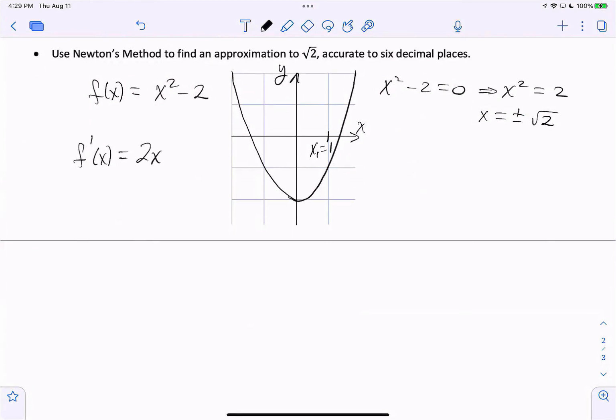And then I usually see it as a table. So x sub n, and let's remind ourselves of what x sub n is using the recursive formula. It is x sub n minus 1 minus f of x sub n minus 1 divided by f prime of x sub n minus 1.